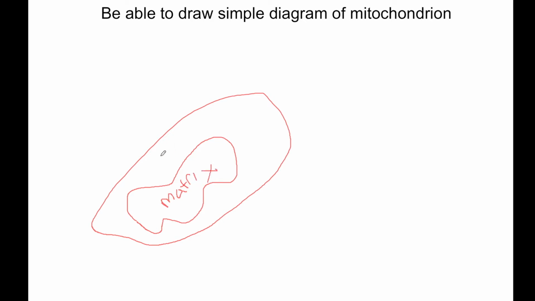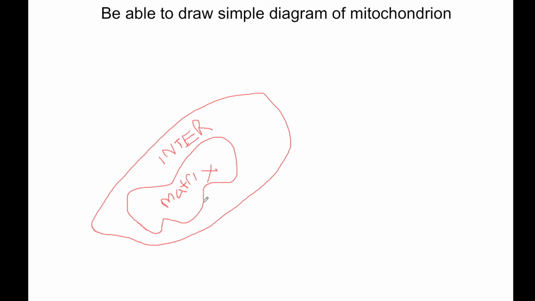And then this is the intermembrane space. I'm not going to write out membrane space because it takes me forever to write with my finger and the trackpad, but this is the intermembrane space, not inner, inter with a T. So intermembrane space between two membranes, okay?